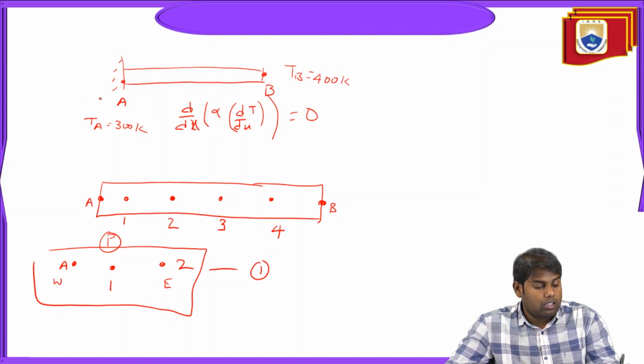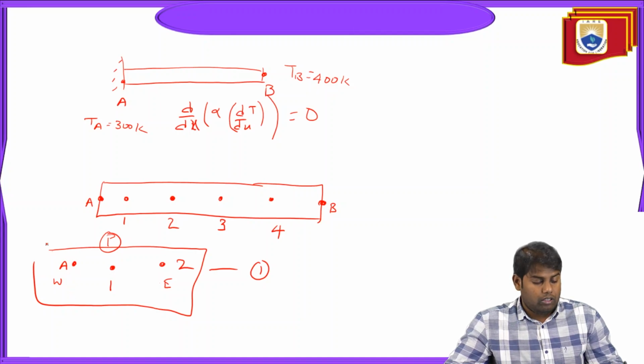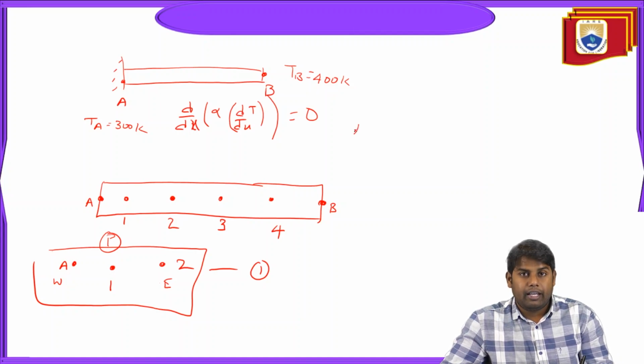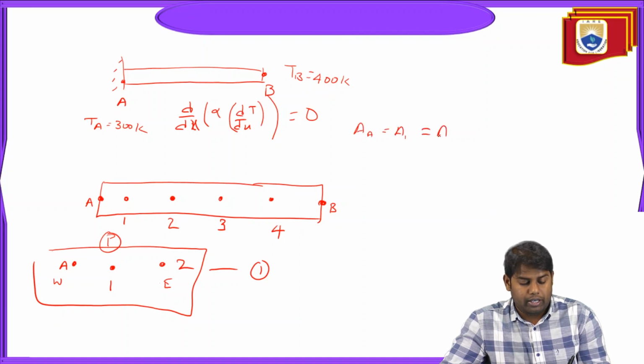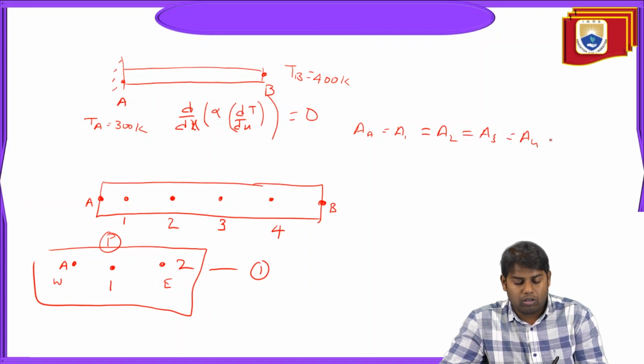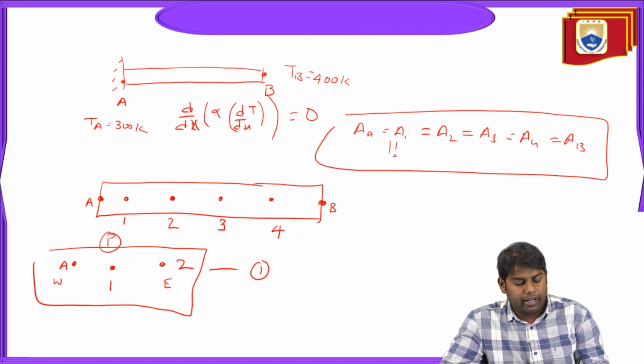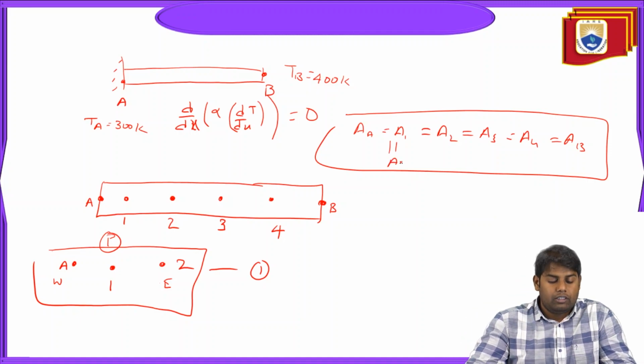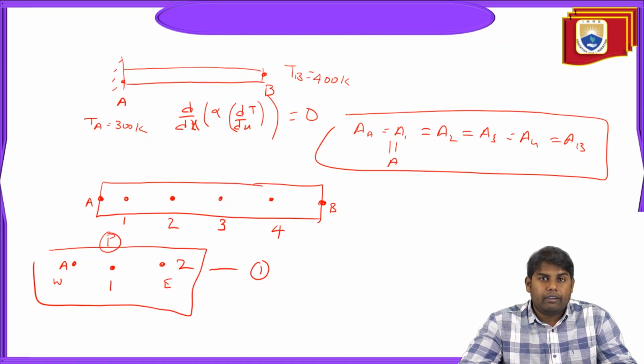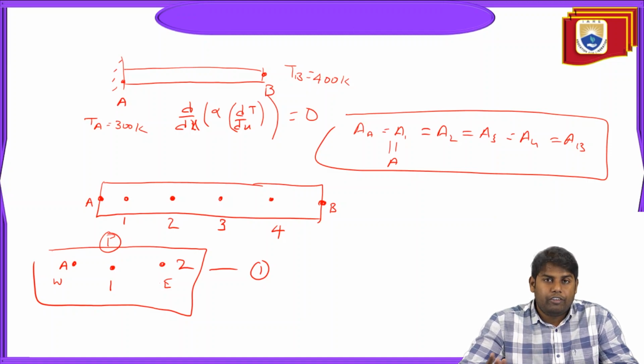Since the area of cross section is the same, the assumption is that the area at A equals the area at 1, 2, 3, 4 and B, which we can take directly as A. When approaching the problem of diffusion with the finite volume method, you can take any number of elements.